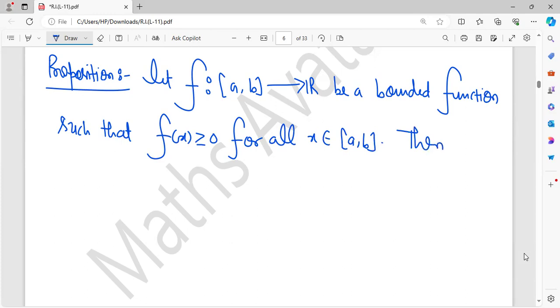Then the lower integral from a to b of f(x) dx is always greater than or equal to 0.